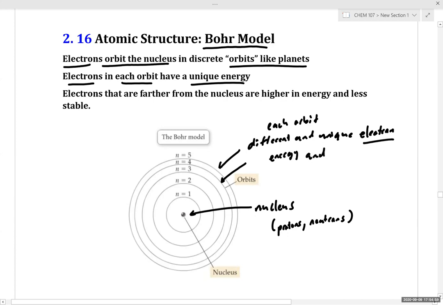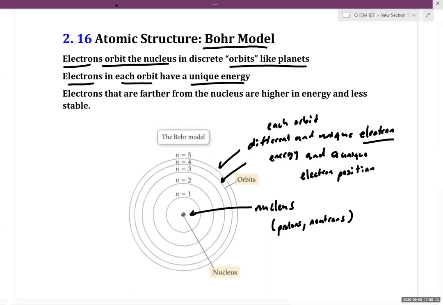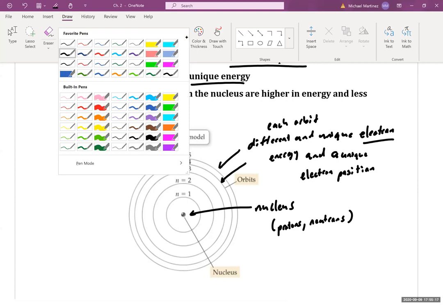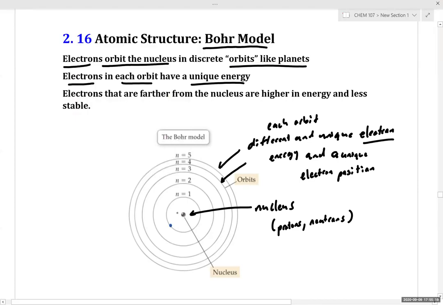And just staring at these circles, we also see they have a unique electron position. Electrons occupy these orbits at a fixed distance from the nucleus with a discrete energy.